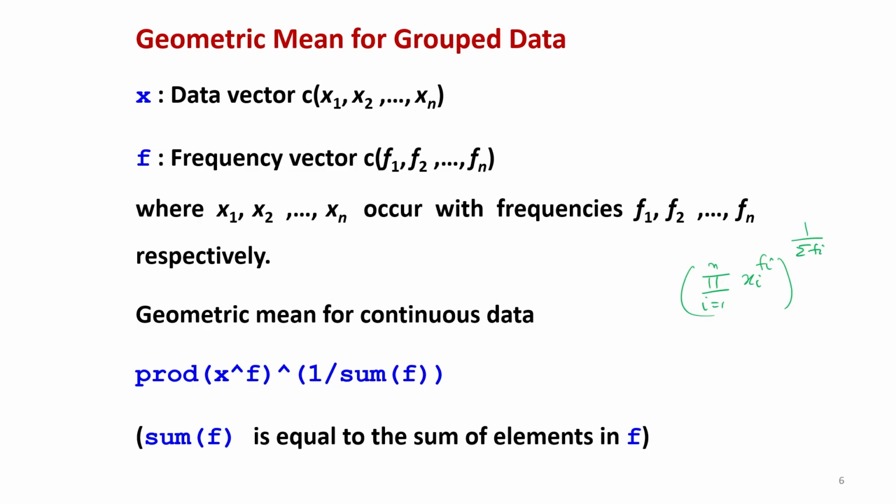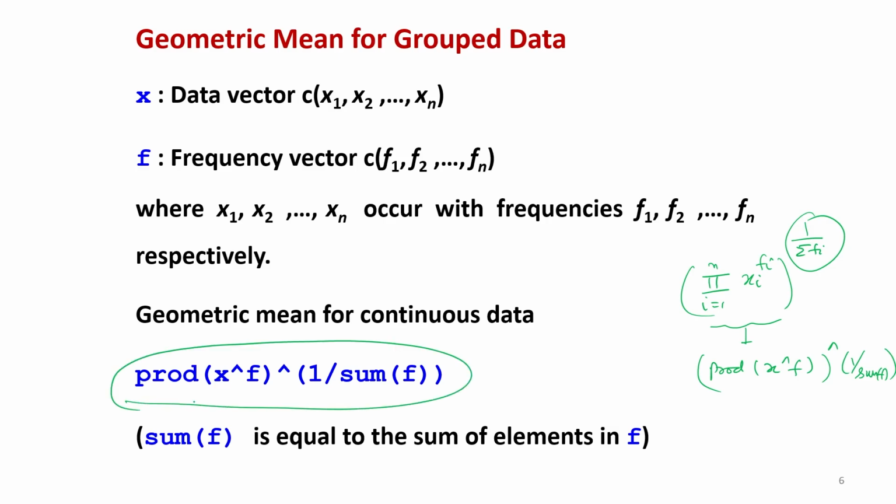So if you want to write it down, you can write this part as the product of x hat f, and then 1/summation fi. So I can write hat and 1/ the sum of the f data vector, and this is what I am writing over here. So you can see, just by having very elementary knowledge about the built-in functions in the R software, you can compute this geometric mean for continuous data also, right?